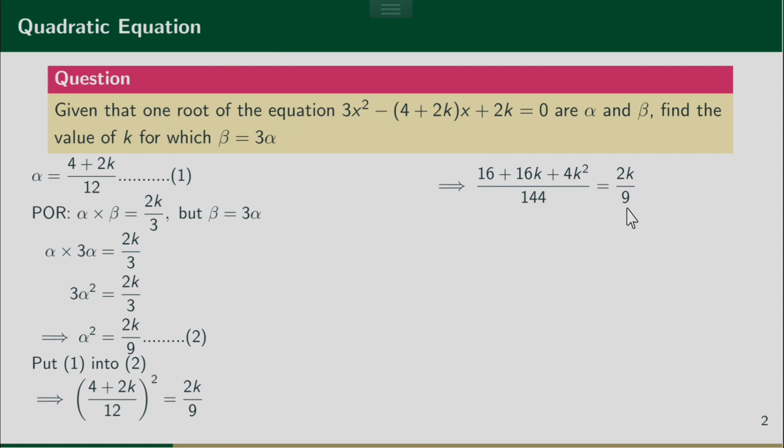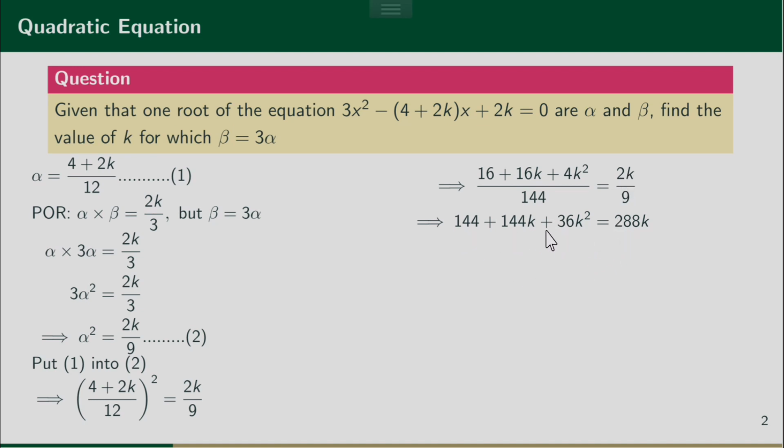So when I cross multiply, 9 multiplies each one of these terms, and 144 multiplies 2k. So when 9 multiplies 16, I have 144. 9 multiplies 16k, I have 144k. 9 multiplies 4k squared, I have 36k squared. Is equal to 144 multiplied by 2k gives 288k.